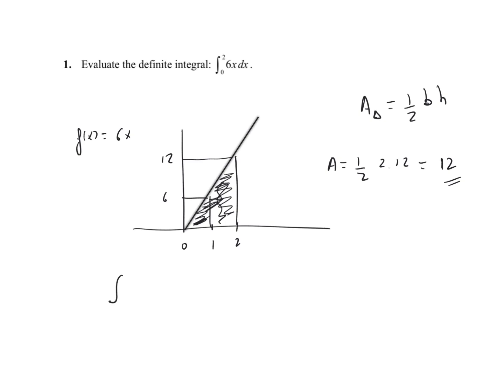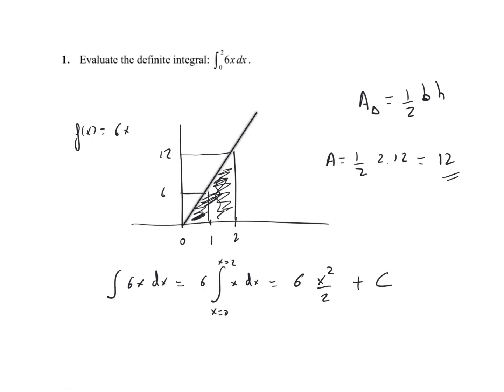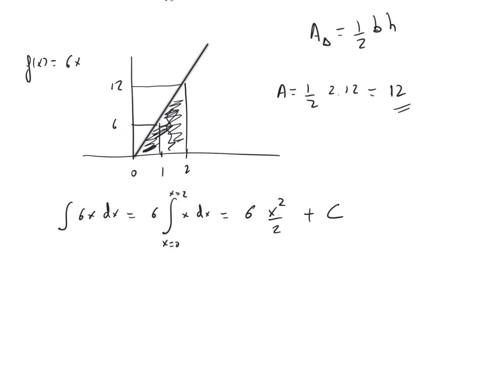The integral of 6x dx will be 6 times the integral from x equals 0 to x equals 2 of x dx. What is the antiderivative of the function x? It is x squared divided by 2 plus c. We don't need the c, but anyway I wrote the c.